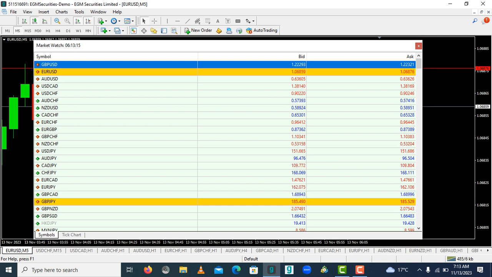It is 1 pip. In other words, this is the smallest whole number value of change that can happen in a forex scenario.